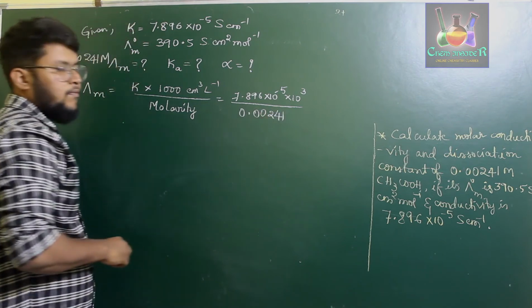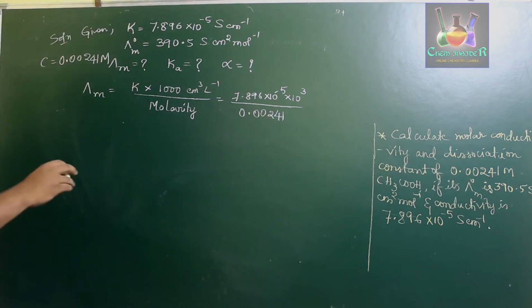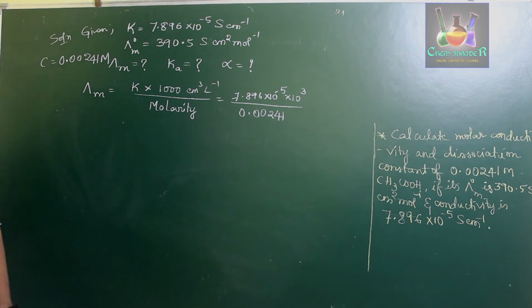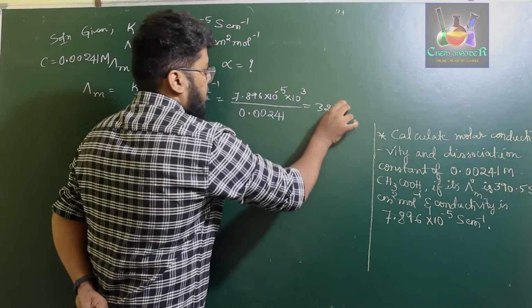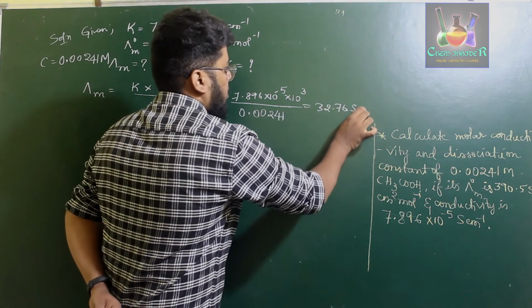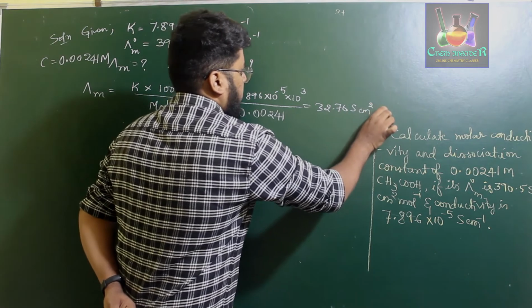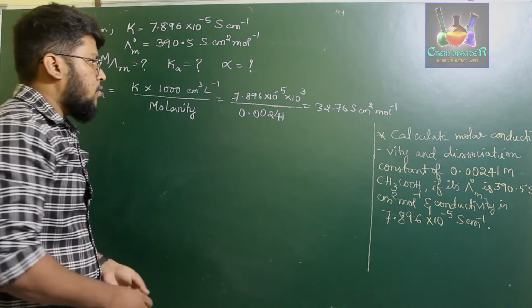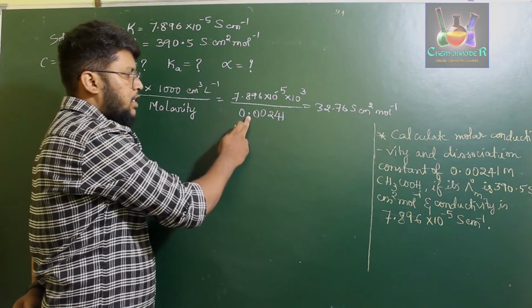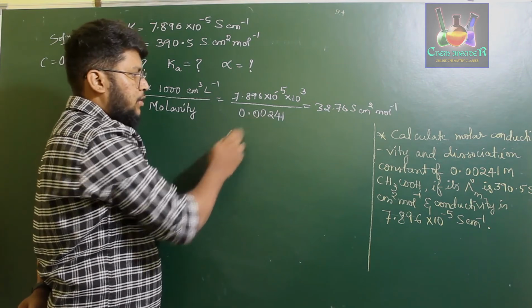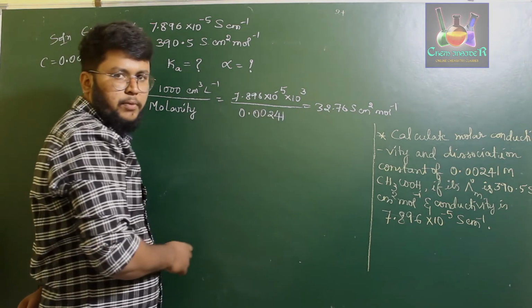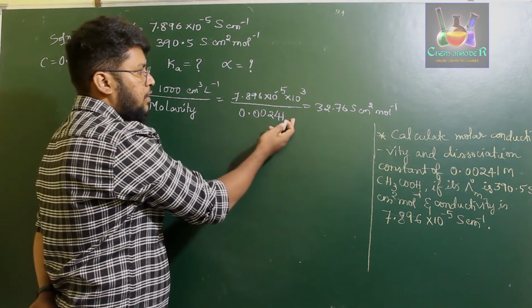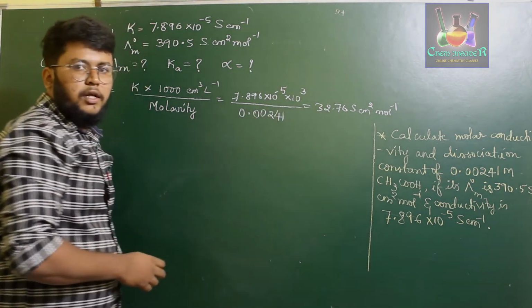On calculating all these terms, we get the value 32.76 Siemens centimeter square per mole. What happens here is, if you move the decimal point two places to the right, it becomes 0.241 into 10 power minus 2. That 10 power minus 2 going to the numerator becomes 10 power 5.